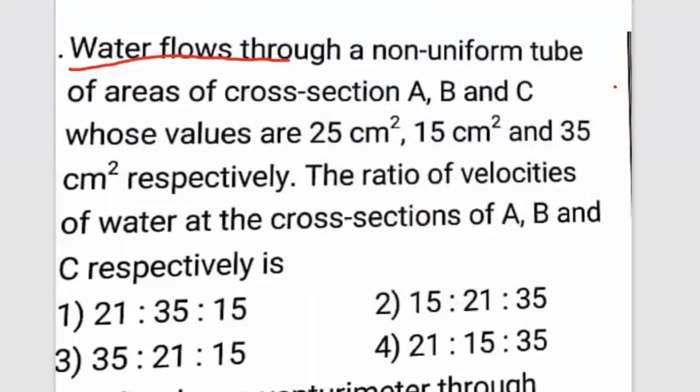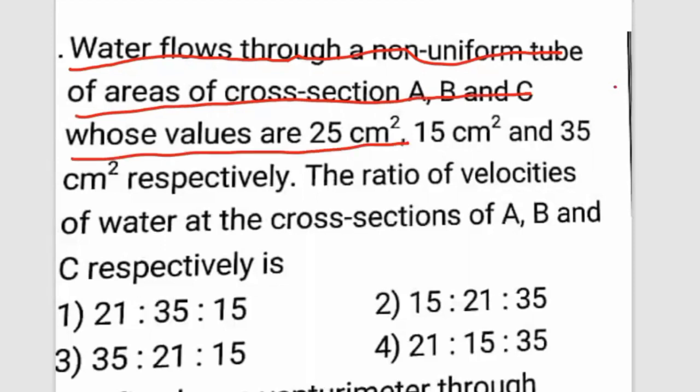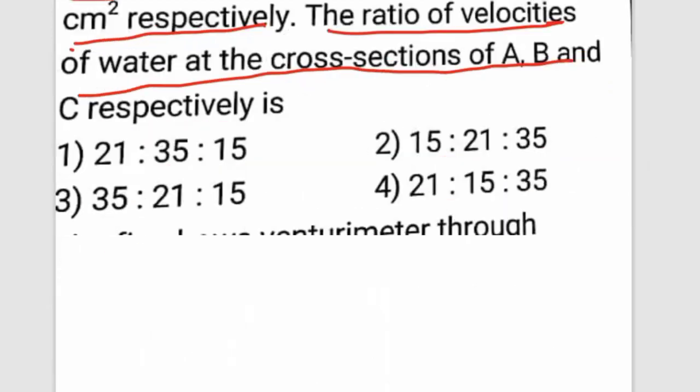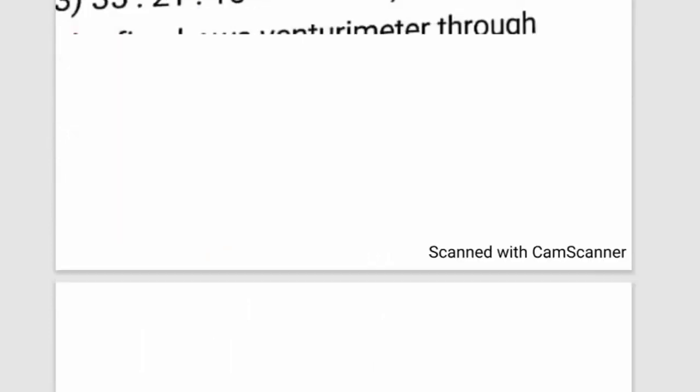In this problem, water flows through a non-uniform tube of areas of cross section A, B, C, whose values are 25 centimeter square, 15 centimeter square, and 35 centimeter square respectively. Here they have given 3 different areas.